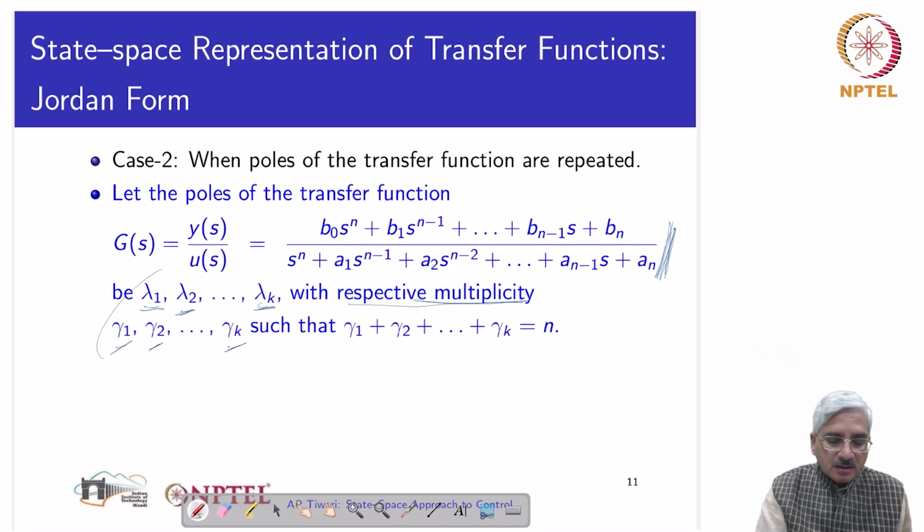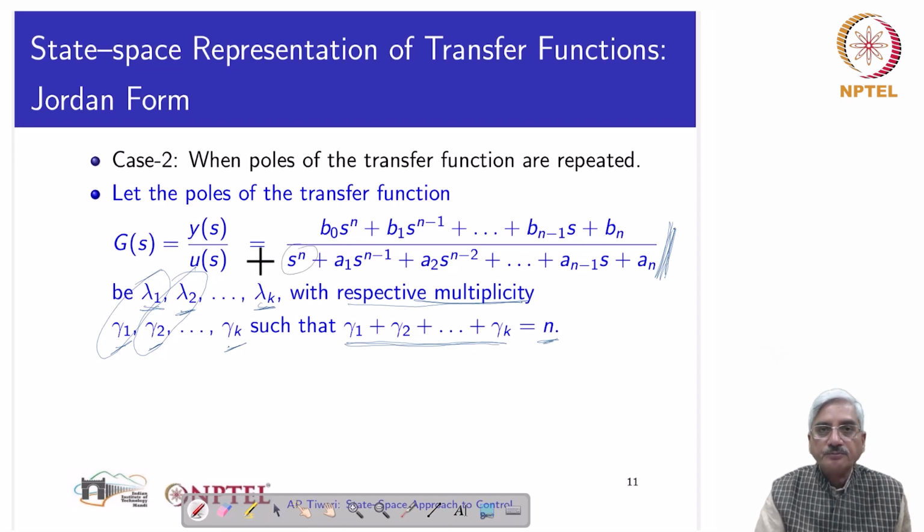So lambda 1 has a multiplicity of gamma 1, lambda 2 has a multiplicity of gamma 2, and so on. Of course, gamma 1 plus gamma 2 etc. will add up to n, the system order.